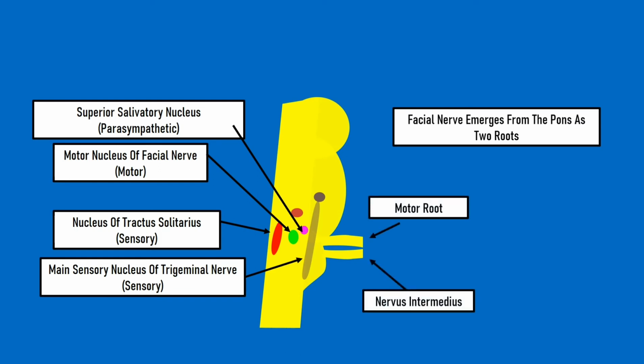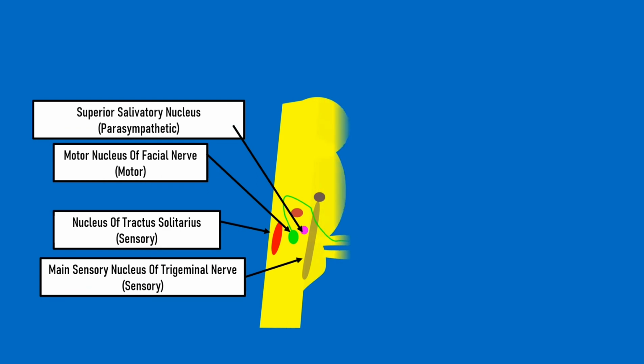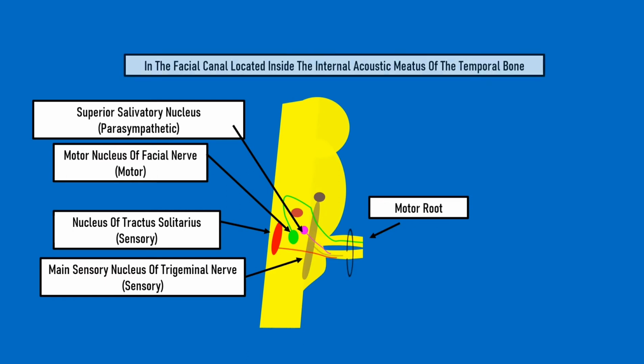So let's see what the nervus intermedius is. The motor nerve arising from the motor nucleus, which you can see as the green line here, loops around the abducent nucleus and emerges from the brainstem at the junction of the pons and medulla. While these three roots that contain the sensory fibers and the parasympathetic fibers emerge together as the nervus intermedius.